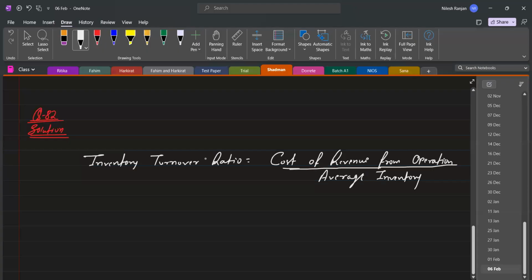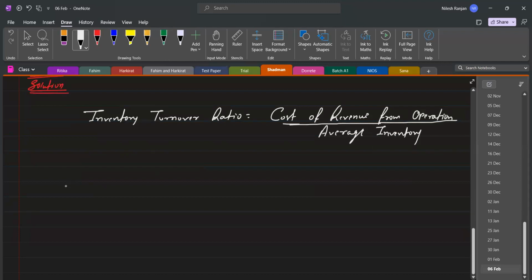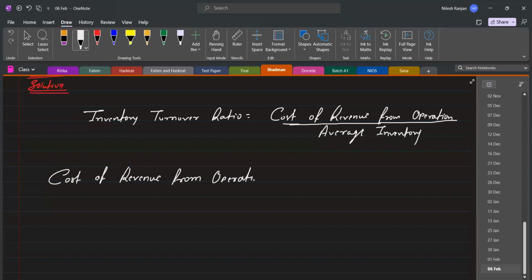So there are two formulas for cost of revenue from operation.